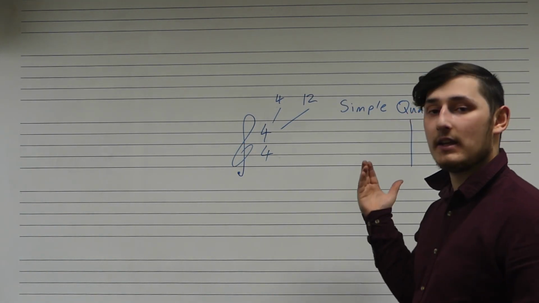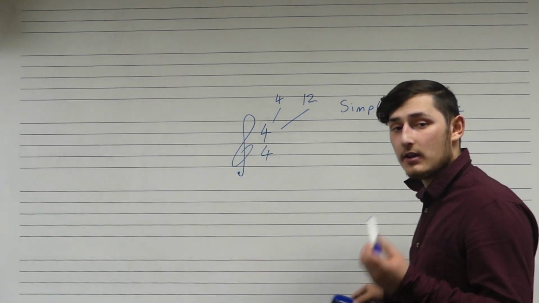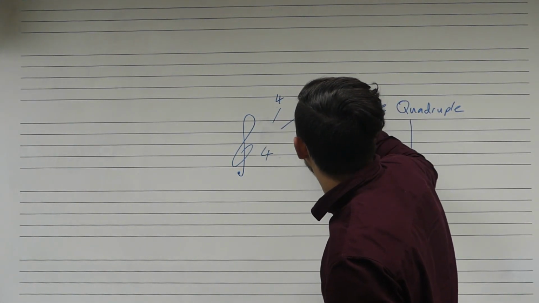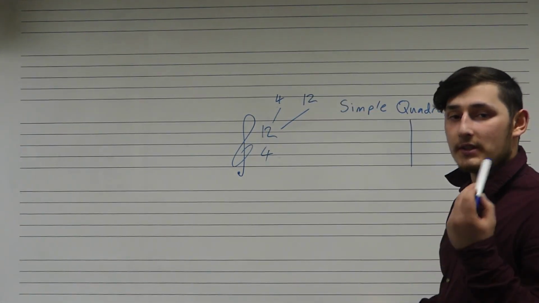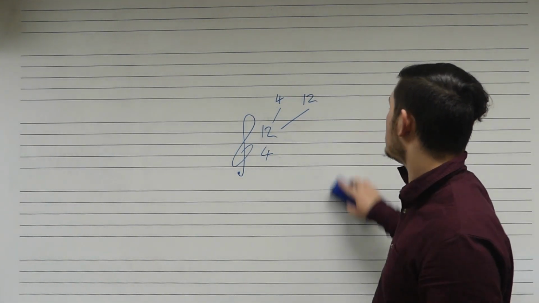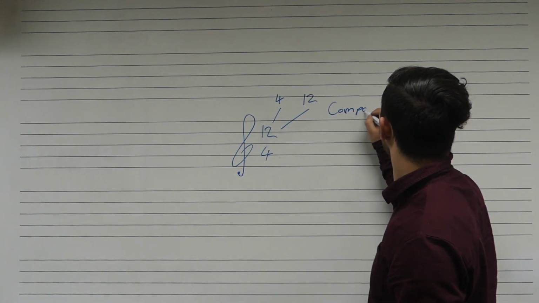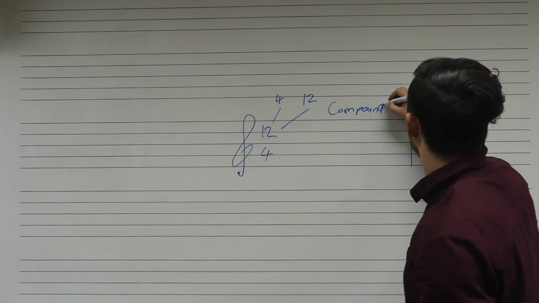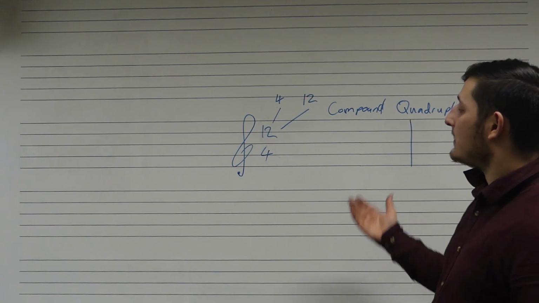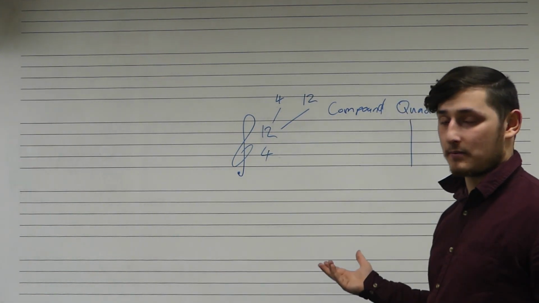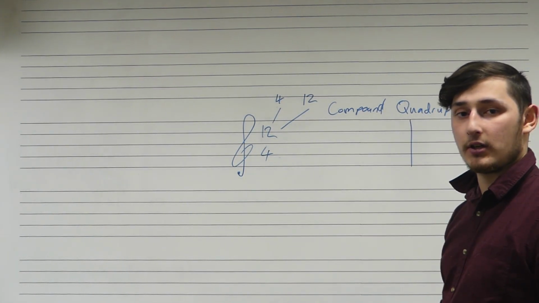Therefore, 4/4 is a simple quadruple time signature. Similar, we have the 12 on top, then the simple is now going to be compound since it's the larger numbers. And we're going to have compound quadruple. This means that 12/4 time signature is a compound quadruple time signature.